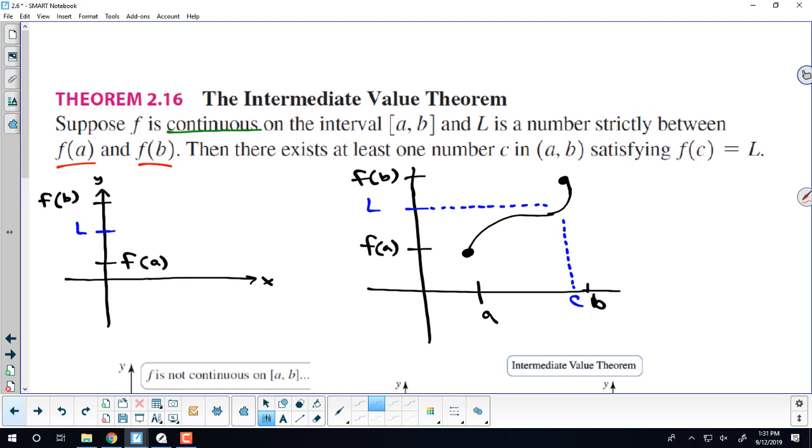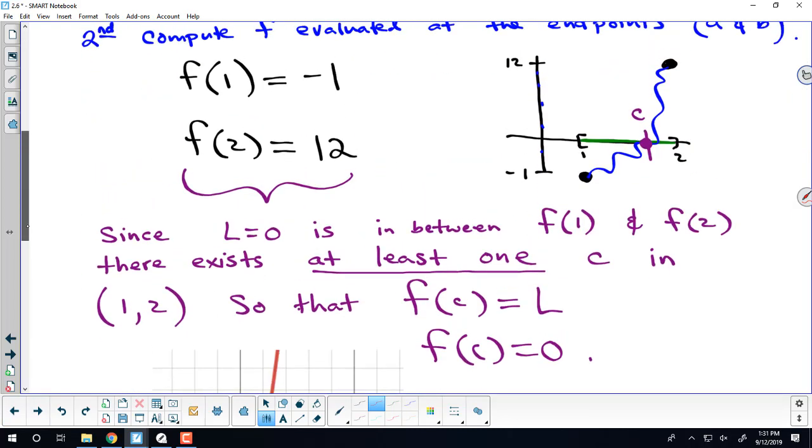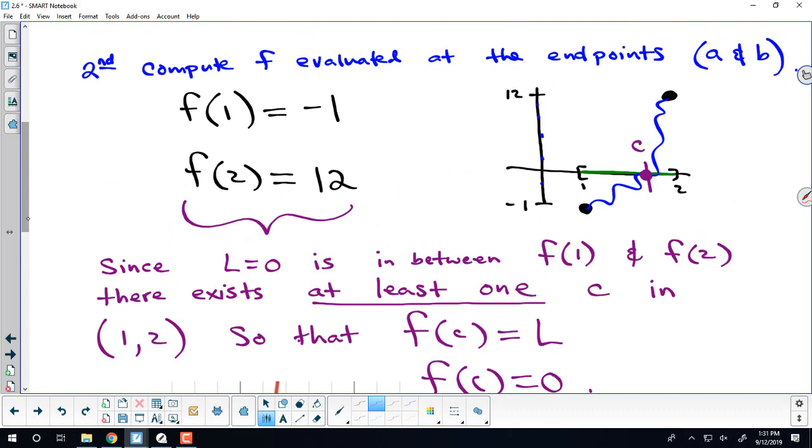So make sure if a question like this shows up on the exam, that you're somehow addressing the continuity aspect of the function that you're calling f of x. Because if you just go into computation, if you just start with this second step, you cannot make that conclusion unless something is said about continuity.